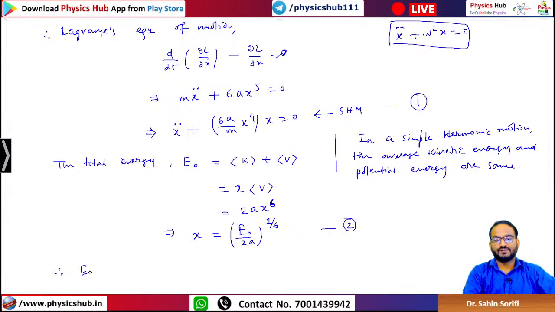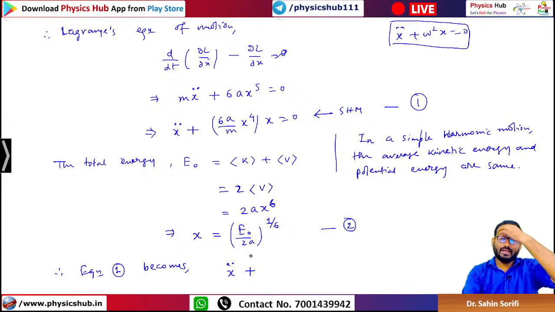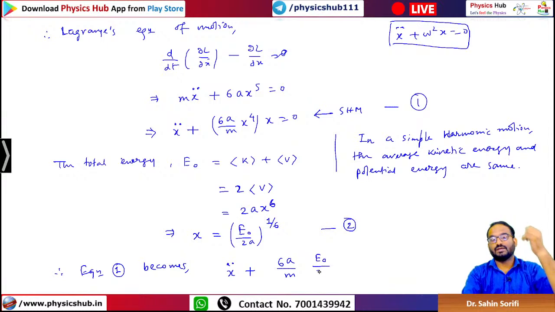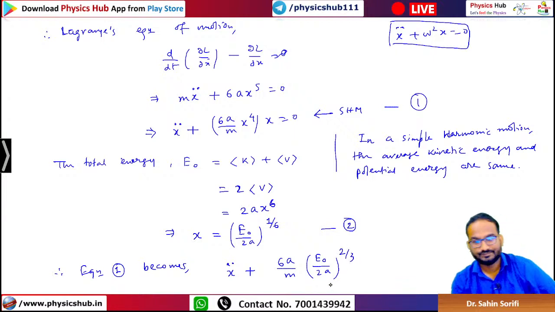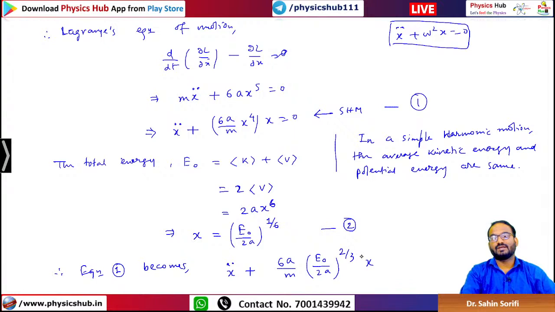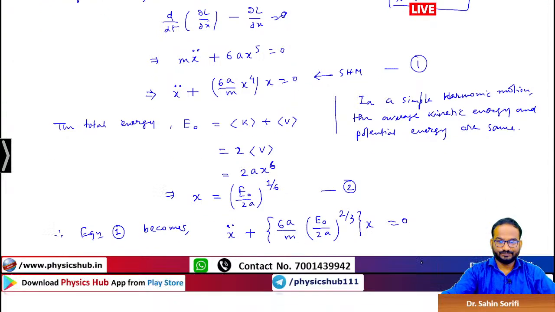Therefore, equation 1 becomes x double dot plus x to the power 4, this is 6a by m. x to the power 4 is (E naught by 2a) to the power 4 by 6, which means 2 by 3. Can you write it? And that x thing will remain as it is. This is equal to 0.